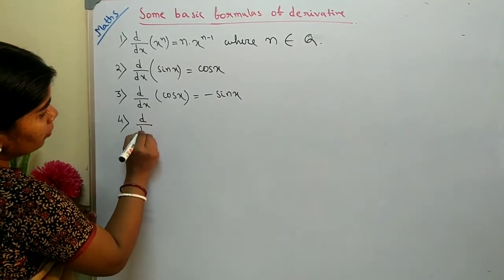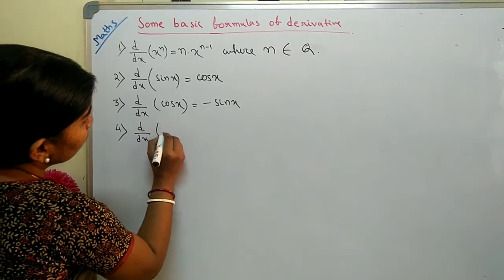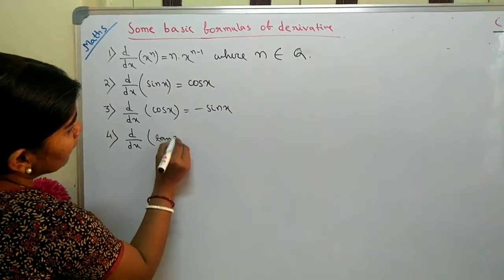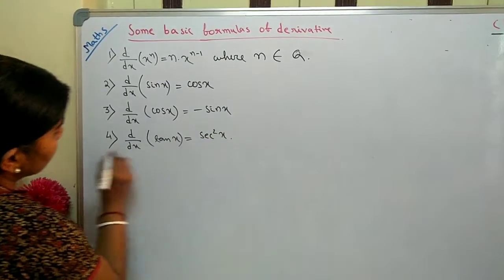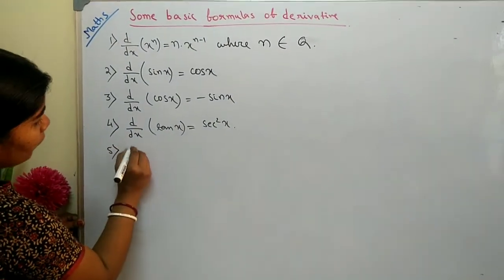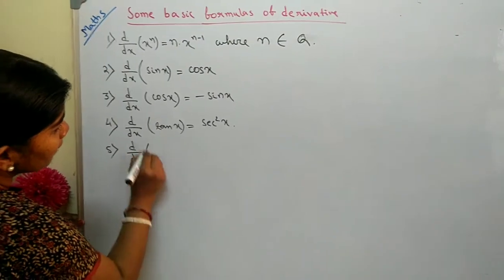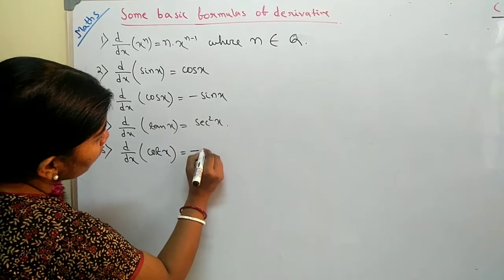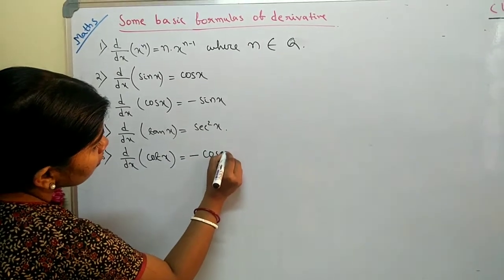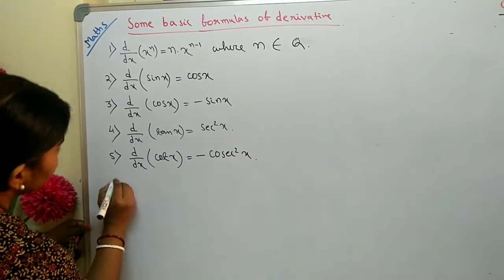Number 4: d/dx of tan x equals sec square x. Number 5: d/dx of cot x is equal to minus cosec square x.